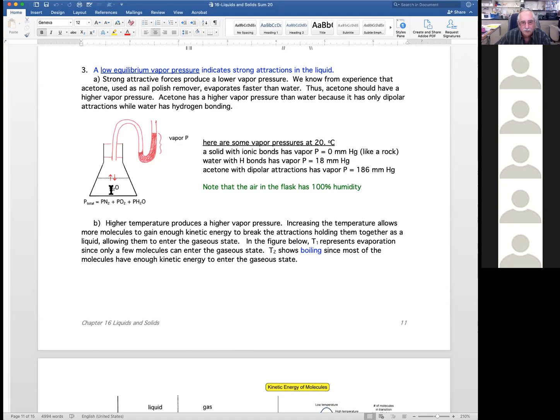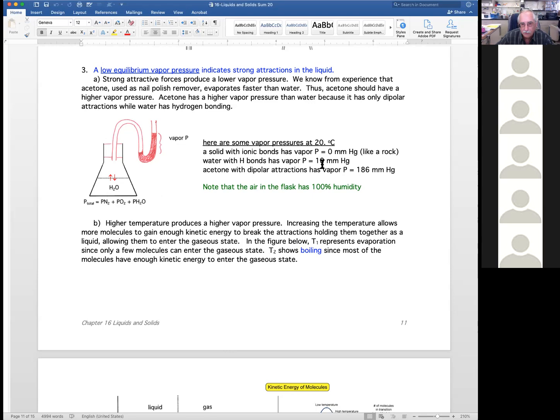If I were to put a solid in here and try to measure the vapor pressure of a solid, I'm going to get none, right? If I put a rock in there, it's not going to give me any vapor pressure. If I put water in here at 20 degrees, I'll get 18 millimeters of mercury. If I put acetone in here, I get like 10 times that amount. What does it have to do with attractive forces?